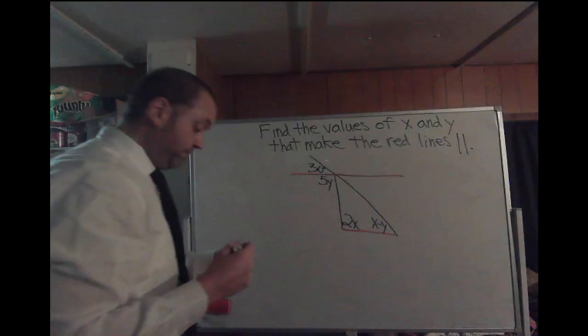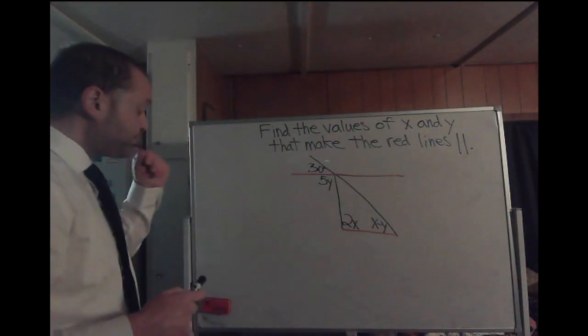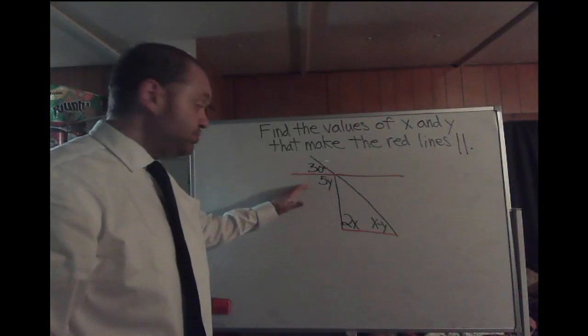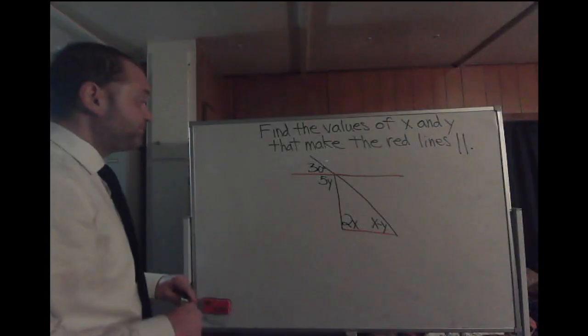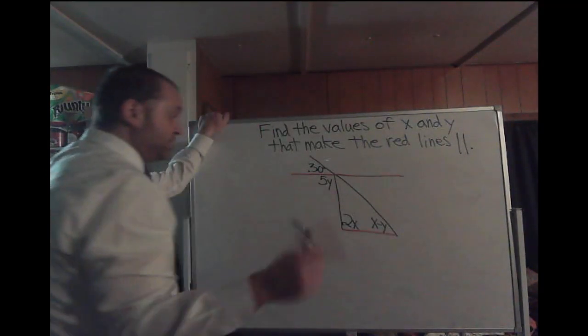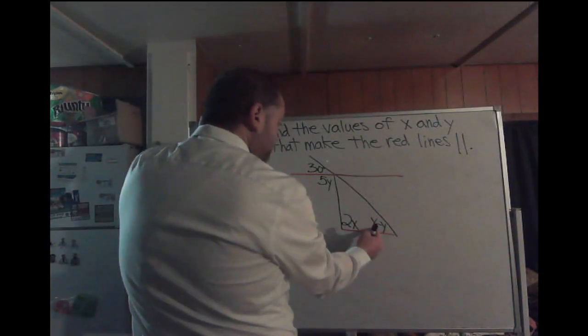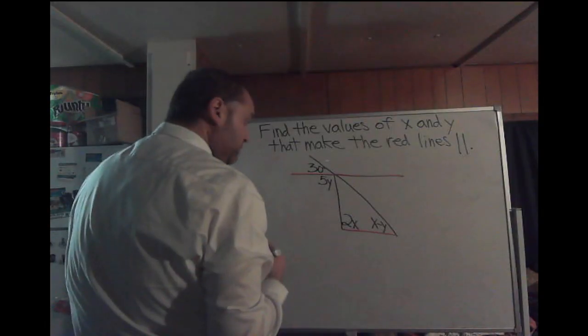Okay. So we have a fun one here. So we're going to operate under the assumption that these two red lines are parallel to each other, are we not? So if these two red lines are parallel to each other, that would have to mean that the x minus y would equal 30 because those are corresponding angles.